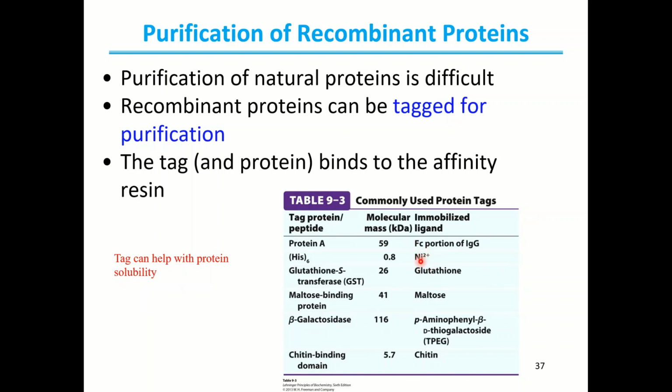So you have your purification column containing nickel metal ions that are immobilized to your column structure, and the 6 His tag will bind to that and stick to your column. Some other ones are also shown here, but definitely nickel columns are the most widely used because the tag, the 6 histidines, is very simple, and also the nickel column is very simple.